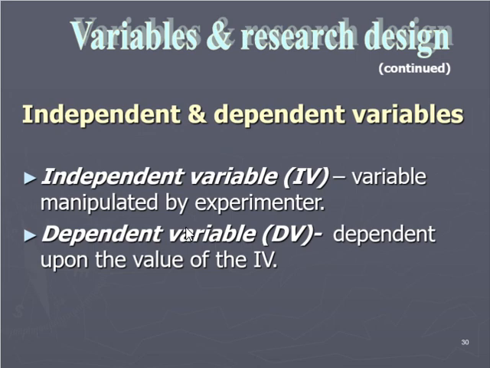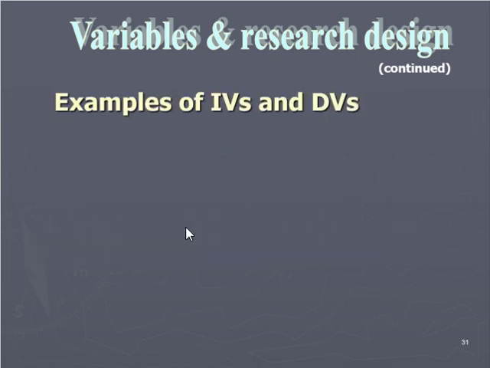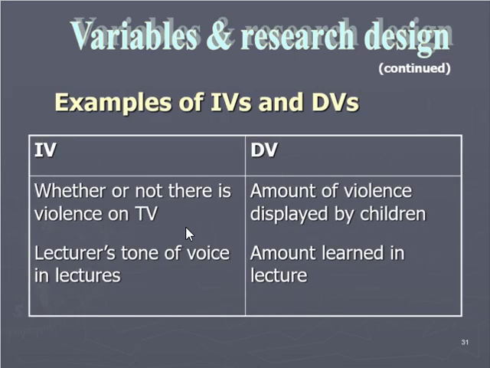Pero kapag established na kunyari yung relationship, that's the time we identify dependent and independent variable. Okay po? Examples lang. Kunyari, the violence that we see on TV could be considered as your independent variable. And what's the dependent variable?